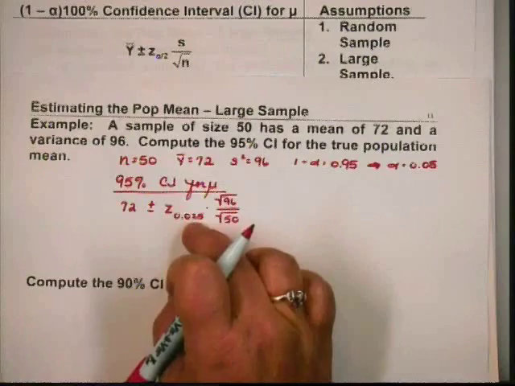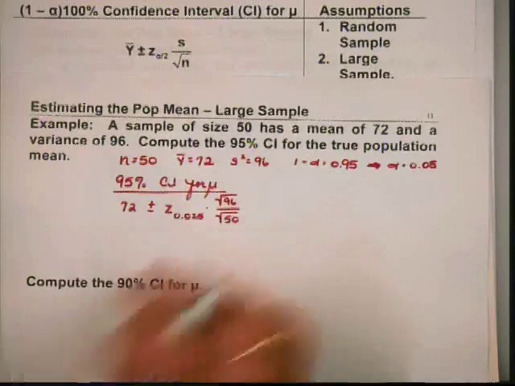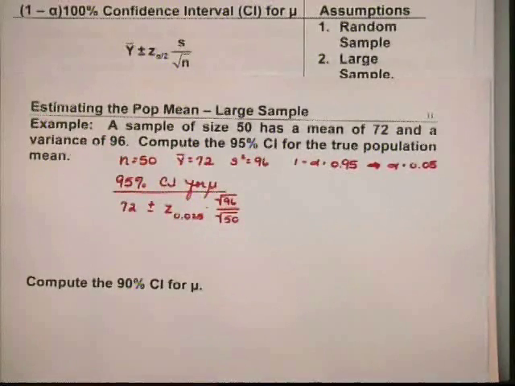So I need to go to the z table, or standard normal table, go to the probability column, find the values as close to 0.025 as you can, and find the corresponding z-score.